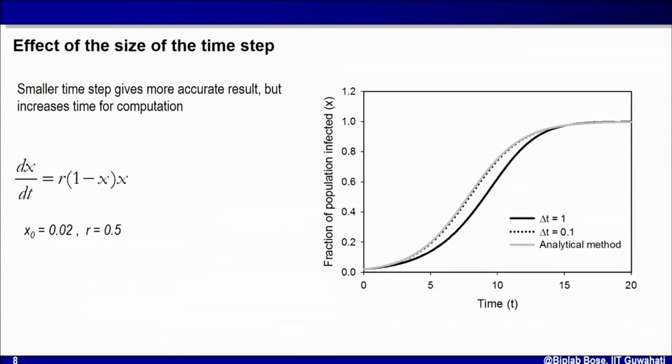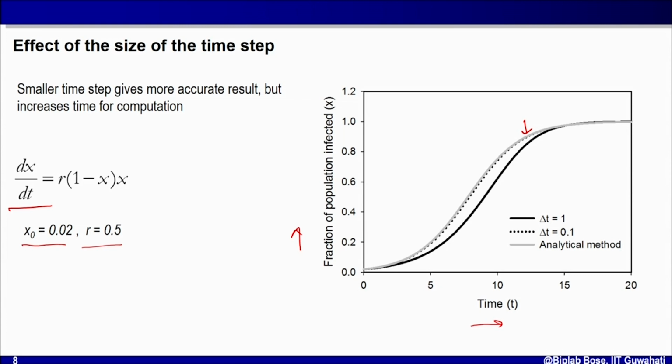See, it is the same ODE for the spread of infectious disease. The initial value is the same as earlier, 0.02, R is 0.5, and I have plotted different data. On your horizontal axis you have time t, and on your vertical axis you have x. The gray line, as you can see here, is the exact solution obtained by symbolic mathematics or the analytical method.